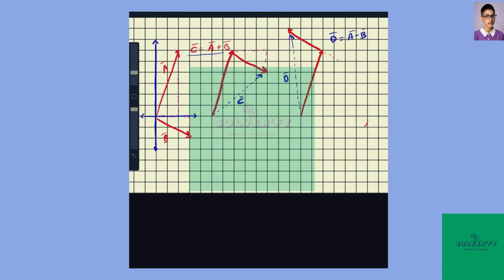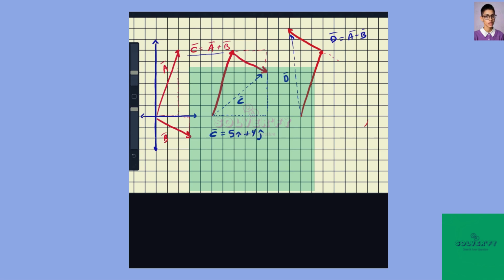So then to put these in terms of unit vectors, all we have to do is really count. This one right here is 2, 3, 4, 5. So C is equal to 5 i hat, and it is 1, 2, 3, 4 up plus 4 j hat.